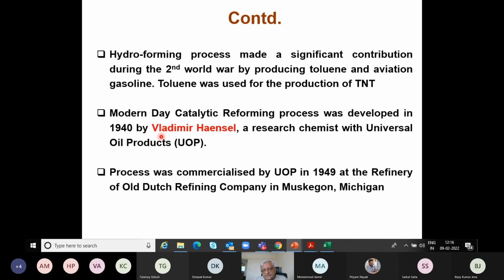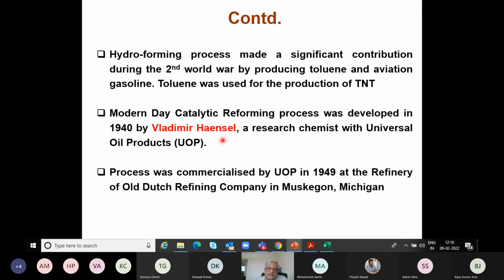a gentleman called Vladimir Haensel came up with what is called platforming. It's one of the earliest technologies of the modern catalytic reformer. This particular technology quickly replaced hydroforming.